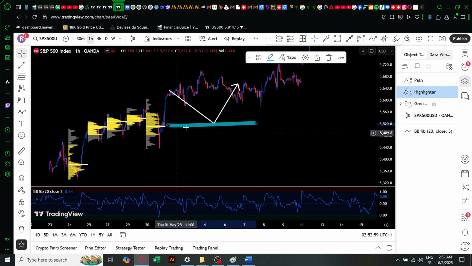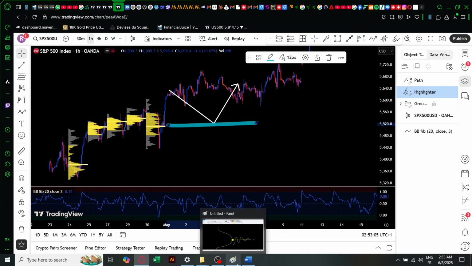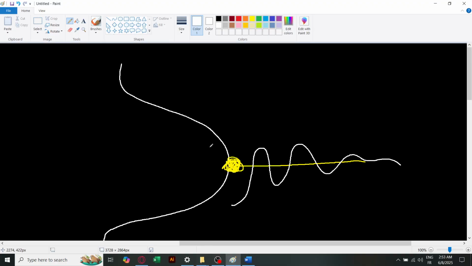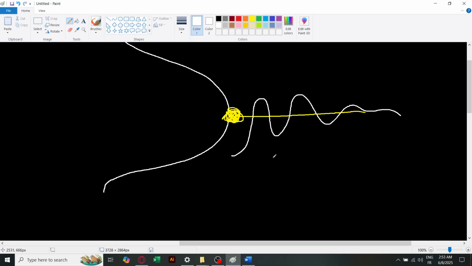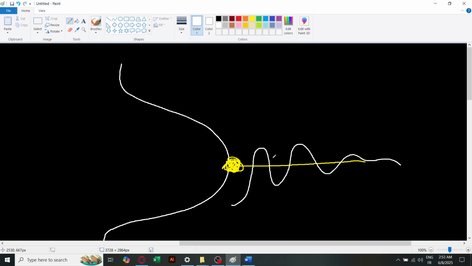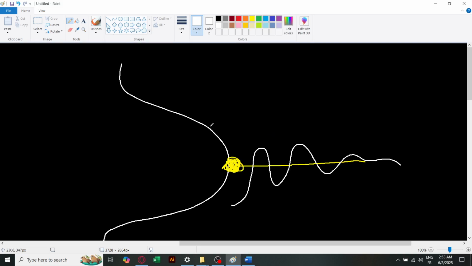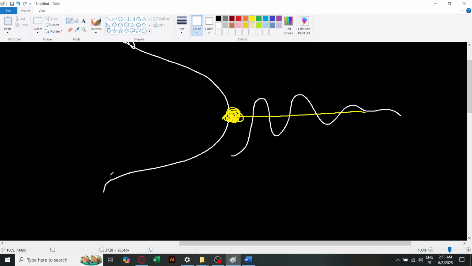So it's very rare for a point of control to act like a support or resistance. In most cases there is liquidity on those levels, even from 1 year ago, let's say. So the market has a very long memory. So this is what I told you, and why the market rejects those edges.